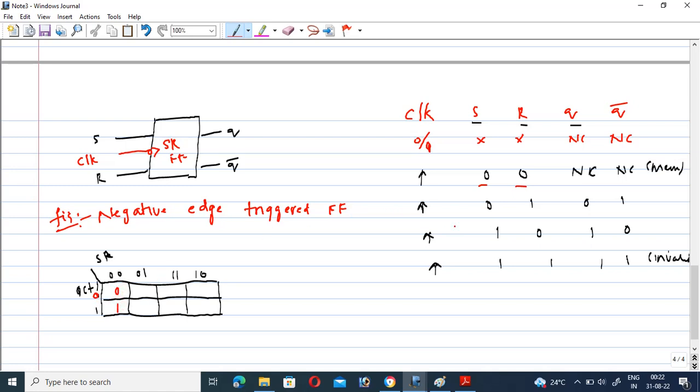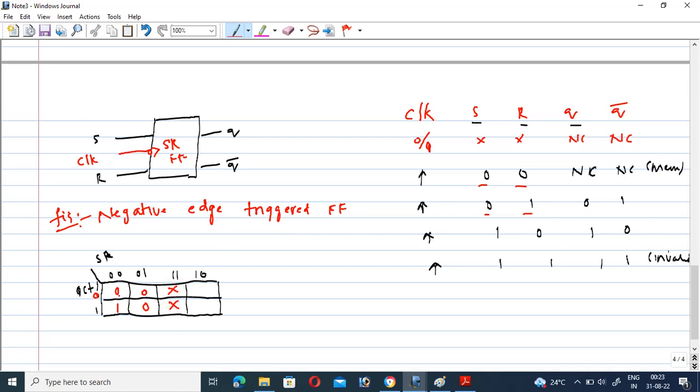In the 0 1 condition, Q is reset to 0. If it is 0, it is 0; if it is 1, it is set to 0. In the 1 1 condition, it is an invalid condition, so we can treat it as a don't care condition.